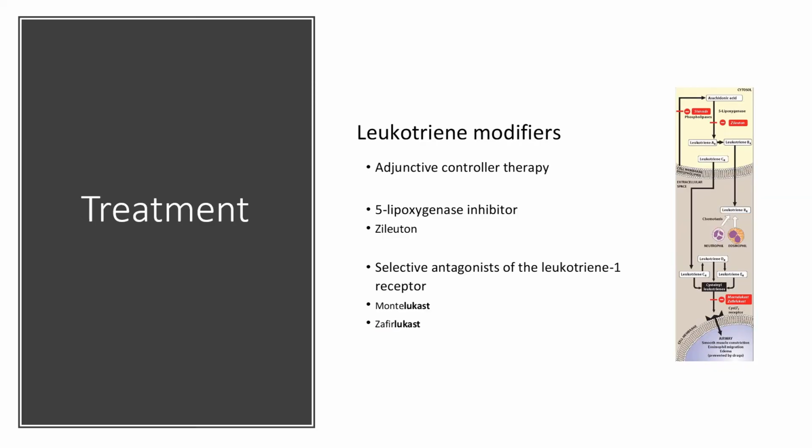Leukotriene modifiers. This is your montelukast. I don't see the second one used very often. Zafirlukast. In fact, I never see it. I only ever see montelukast, or the name used to be singular, but it's in generic now. So, and this little diagram shows the mechanism of action at a physiologic level.